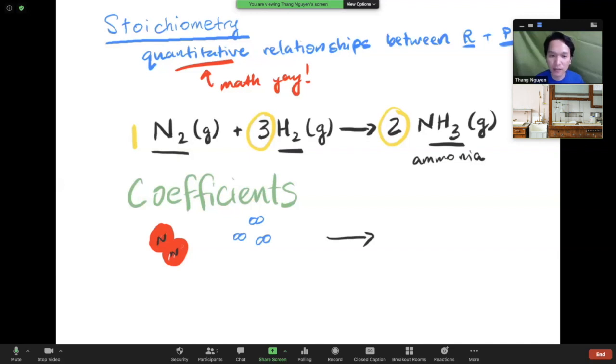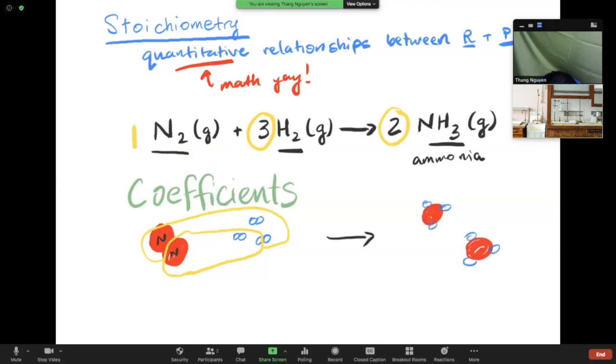Each hydrogen gas molecule has 2 hydrogen atoms. When they combine and react together, they will form a new molecule, ammonia, NH3. You can split it up like that if you want a visual representation of that. And the other nitrogen is going to combine with the other 3 hydrogens. So that's on a molecular level.